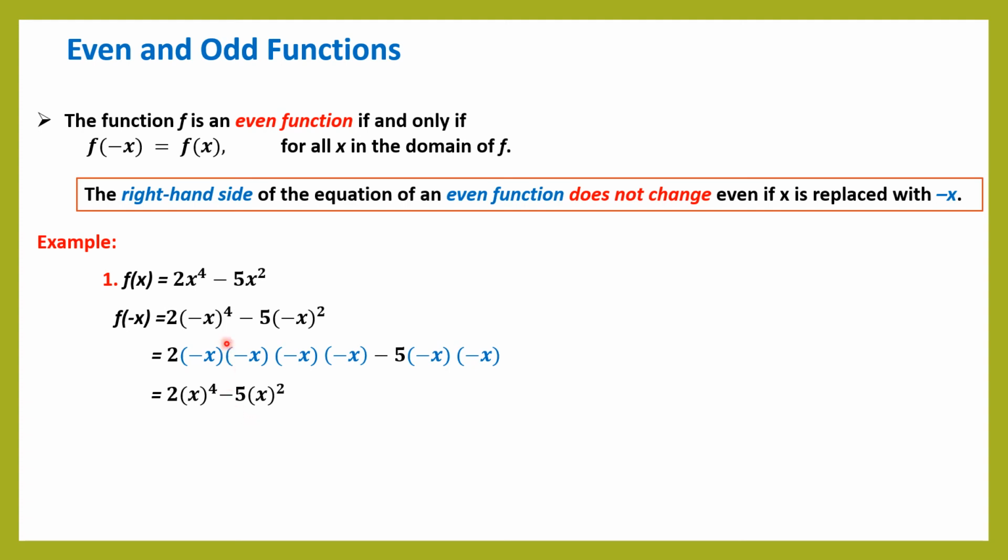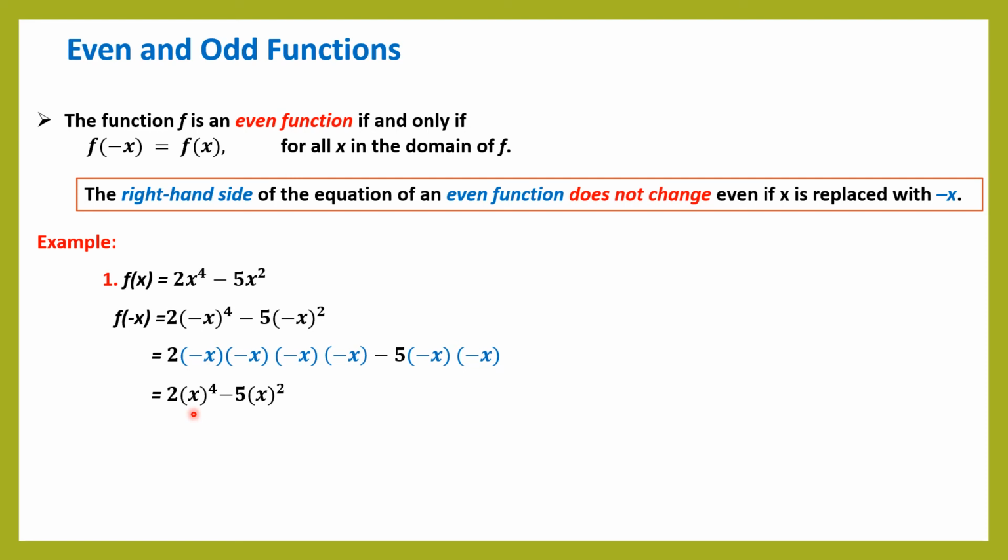Palagi lang tatandaan, kapag ang ating exponent ay even, let's say 2, 4, 6, 8, 10, so on and so forth, ibig sabihin, ang magiging product ng sign natin ay positive. Kapag odd ang ating exponent, let's say 3 ang ating exponent, ang magiging product ng sign nun ay negative.